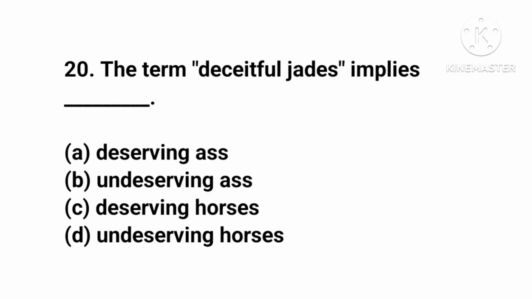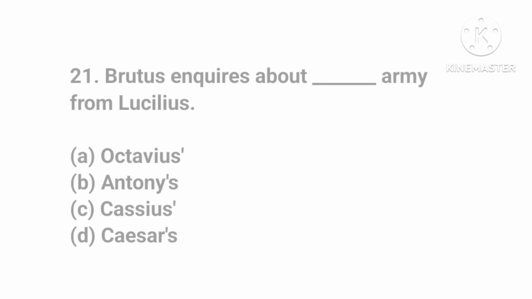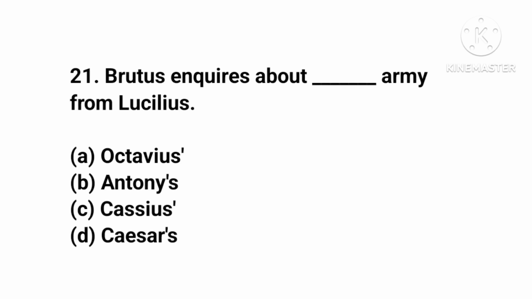So number 21. Okay, so the term deceitful jades, this means undeserving horses. Now 21. Brutus inquires dash army from Lucilius.